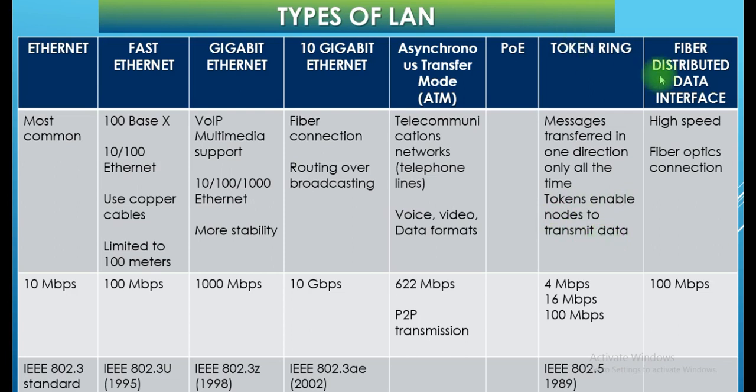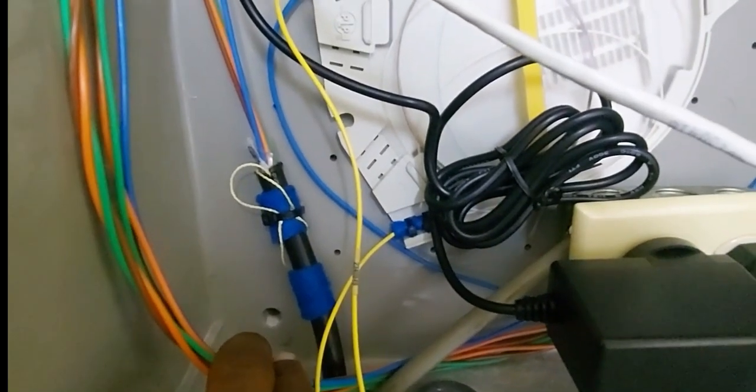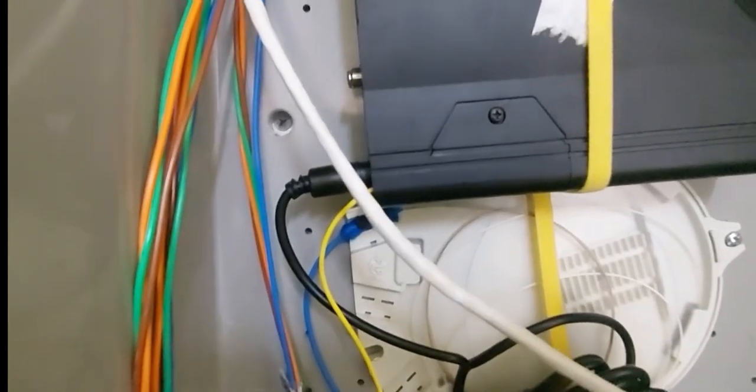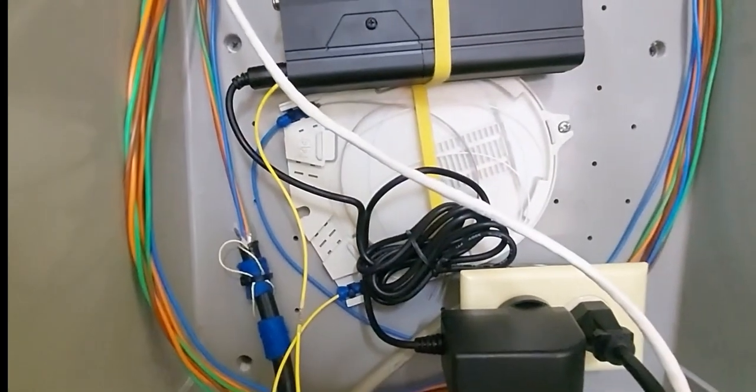Now finally, there are also local area networks that are designed using fiber. This is where we are now in terms of a wired transmission medium, and that is using fiber. Now fiber is a high-speed data transfer. Fiber optic cable is a high-speed transmission cable, and the transmission takes place through light transmission.